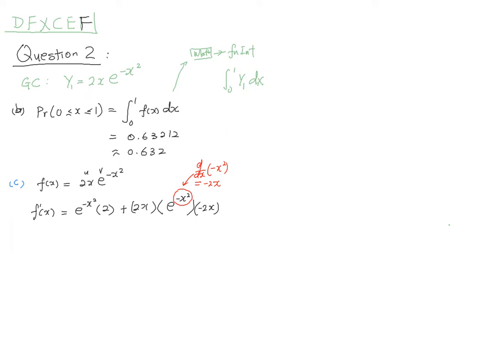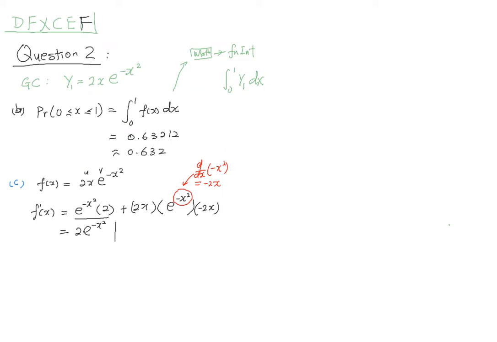Now, for this part, if you use the product rule correctly, they may give you the 2 marks, but I'm going to simplify for the sake of my part D. So when I factorize, you take out 2e to the power negative x squared.